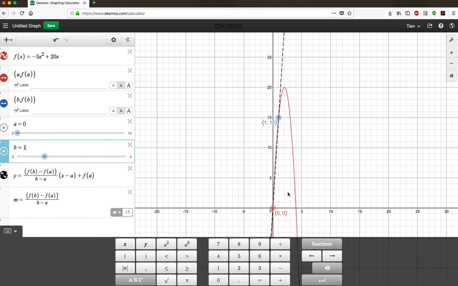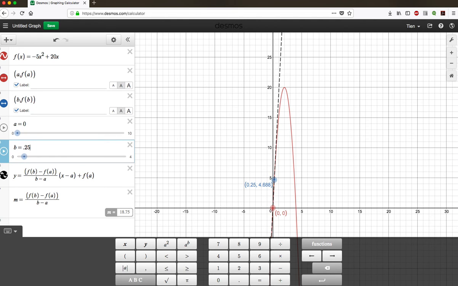In 1 second, I went up 15 meters, so my average rate of change in the first second is 15 meters per second. In half a second, I went up 8.75 meters, so my average rate of change is 17 and a half meters per second, and so on.